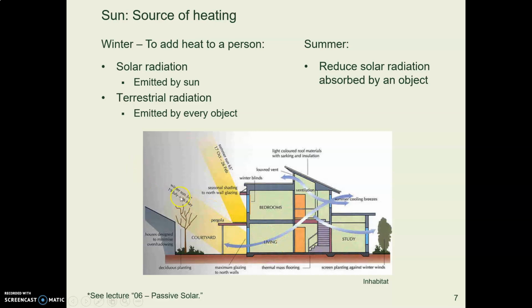So we'll have windows facing south that will let solar radiation in. And then we want some stuff in our room that will emit terrestrial radiation. So we want some kind of thermal mass in here. We want concrete, stone, that kind of thing. Then in the summer, we don't want solar radiation, so we're going to have overhangs and trees that will block that.